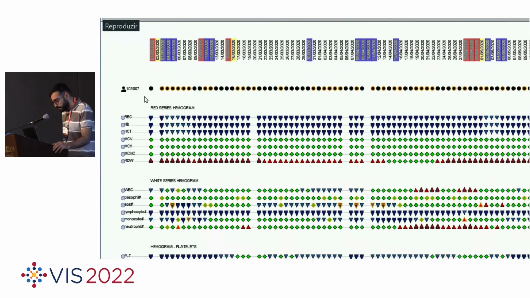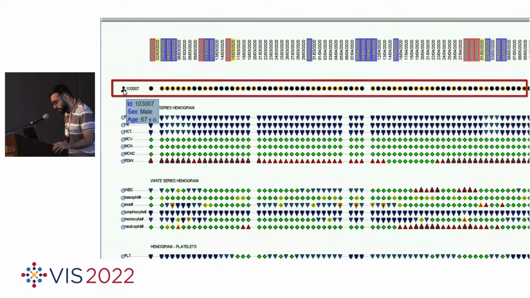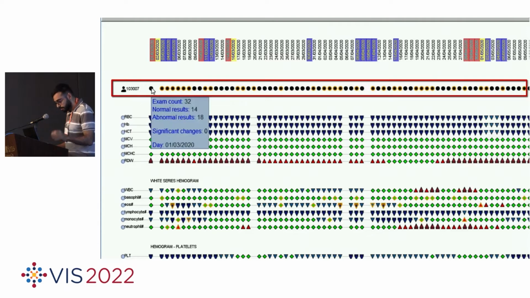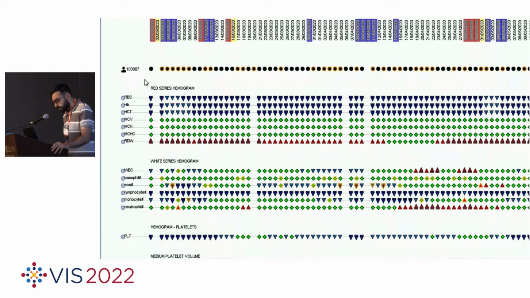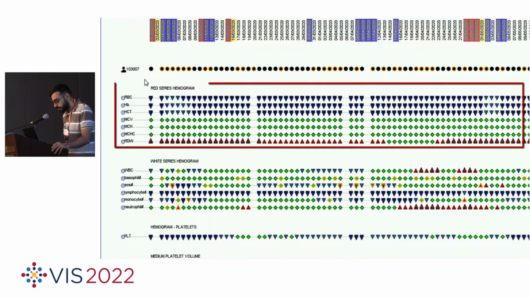So here we can see in the first line the patient metadata information and also the general information about each day. Moreover, we have the categories. For example, the red series hemogram category, which contains the tests, for example, RBC, HB, HCT, and RDW.